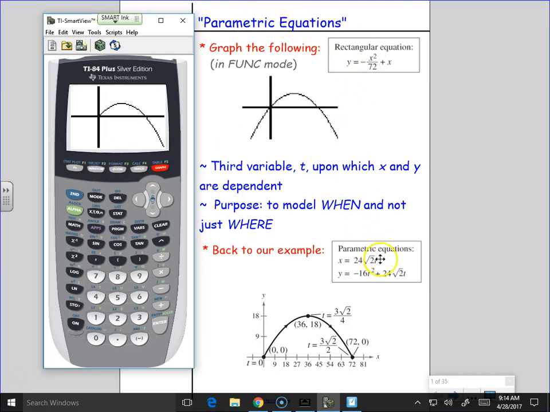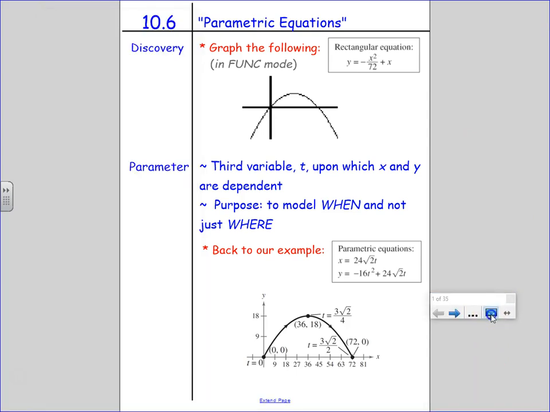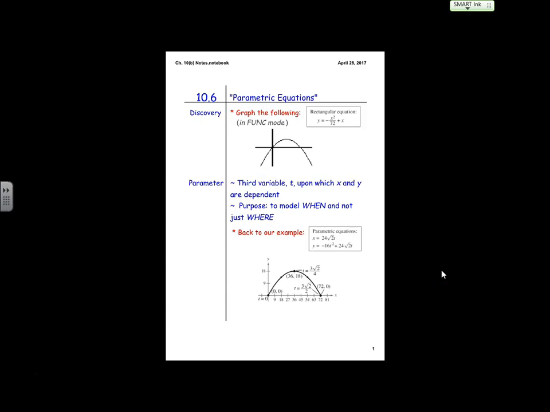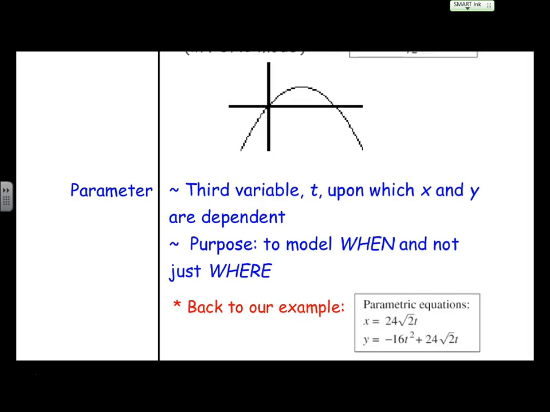Parametric equations. In our calculator, the variable is always going to be t. Sometimes in equations, the variable can be theta. In your notes, you wrote down parametric equations are built upon a third variable, t. I don't want you to change that per se, but I want you to add t or theta, just to prepare you for some things that you might see in homework or in the future.